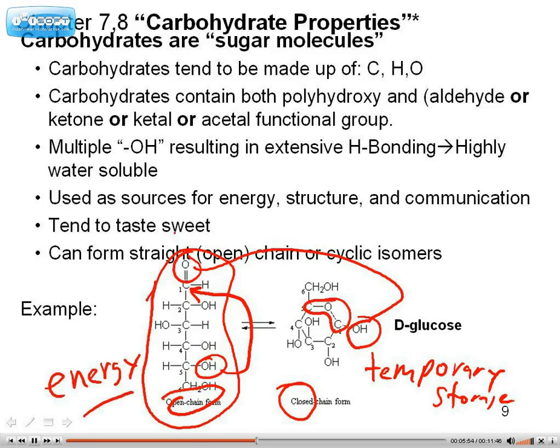And finally, carbohydrates are not only used as energy, but they're also used as structural components, and they also make up the chemical antennas, so to speak, also known as antigens, found in the body's intercellular communication.